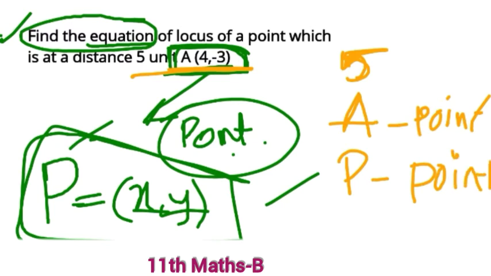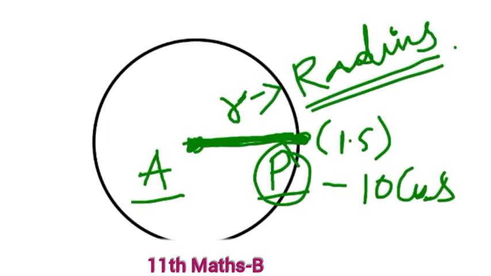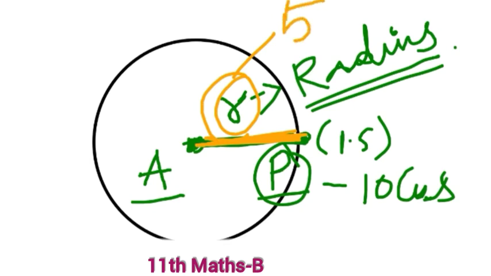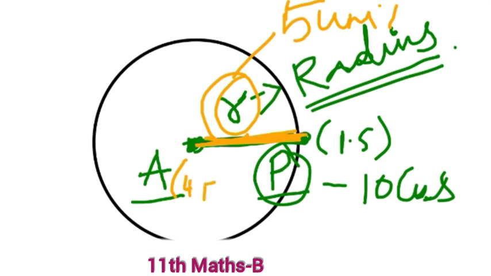So these both are points. It's an assumed one, it is a given one, and this is a distance. This is the distance which is remembered as a radius, and the radius is 5 units. A is 4 comma minus 3, and P is x comma y.